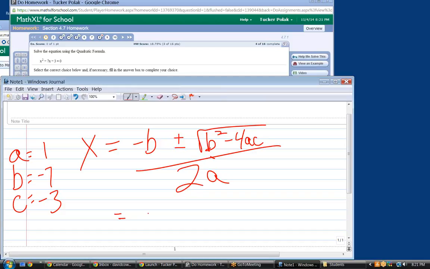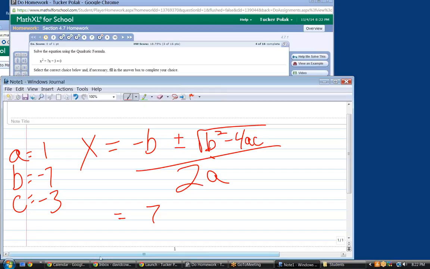So what's minus b? We need minus b. b is -7, so what's minus b? What goes right there? +7.